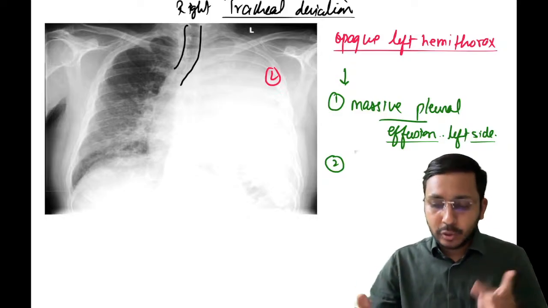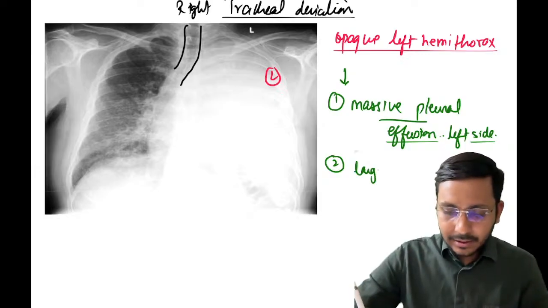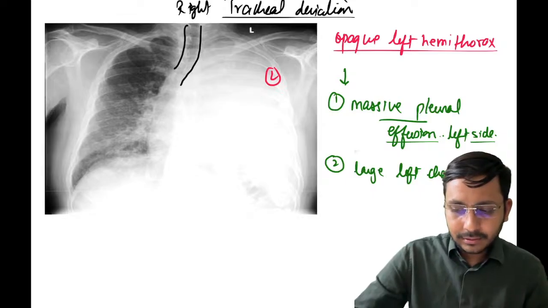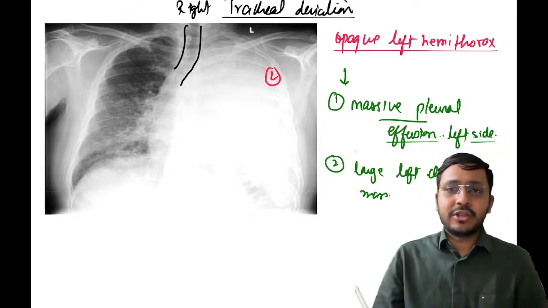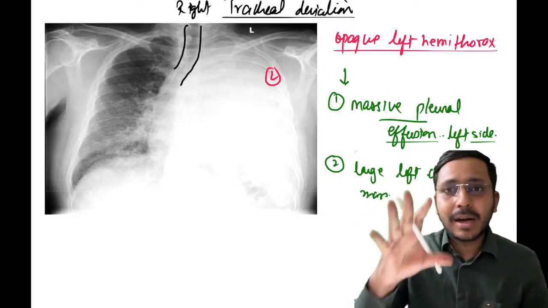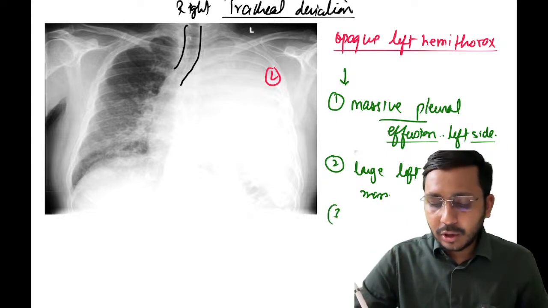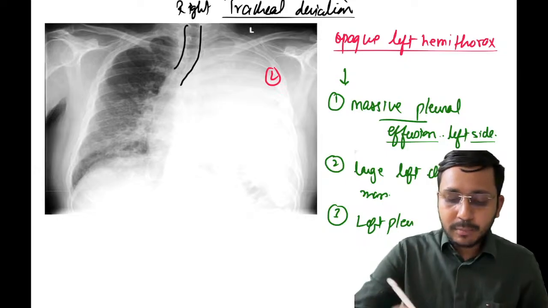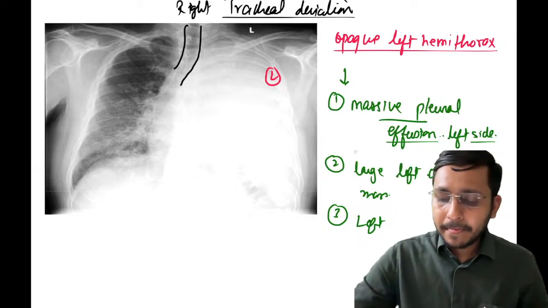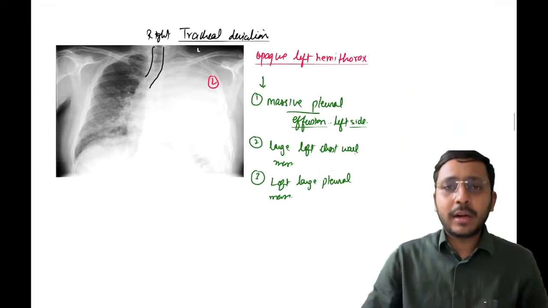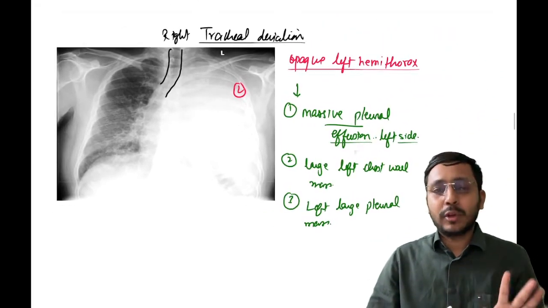And you will say, yes, a large left chest wall mass can also cause this picture. Basically something should be here, either fluid or some big mass. Third cause is a left large pleural mass. This can also be an important differential of this left opaque hemithorax.